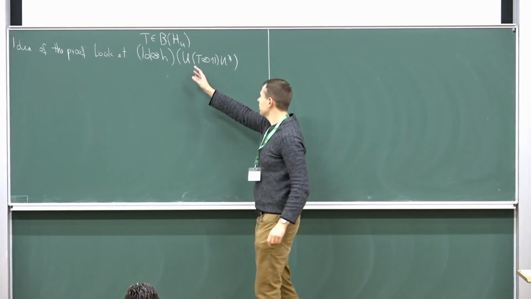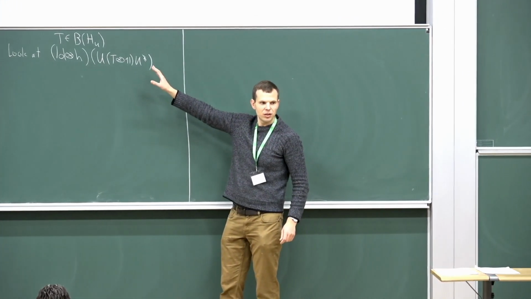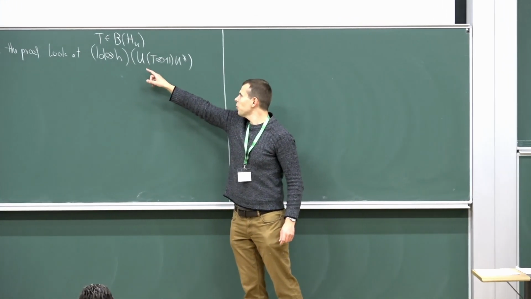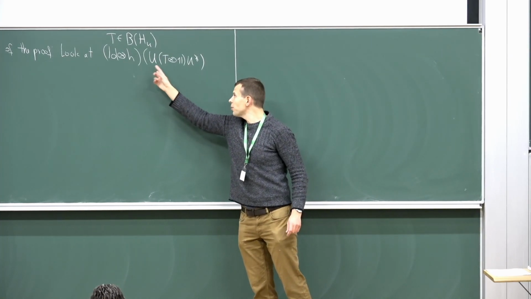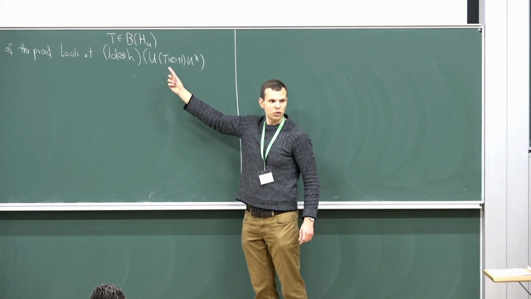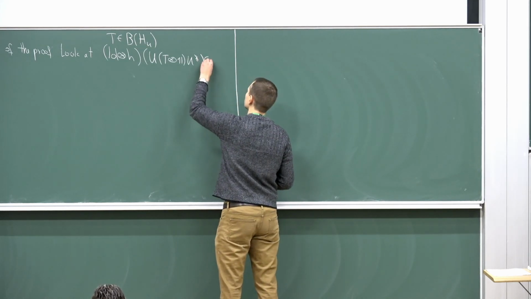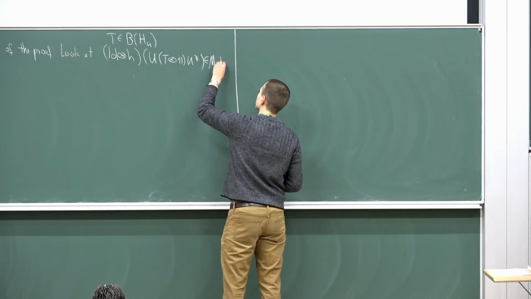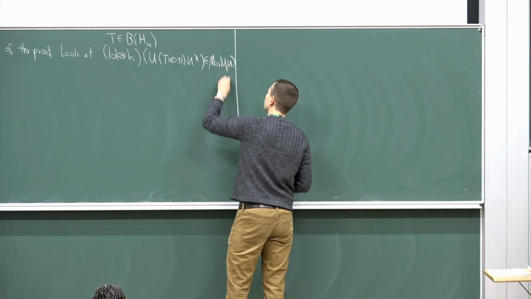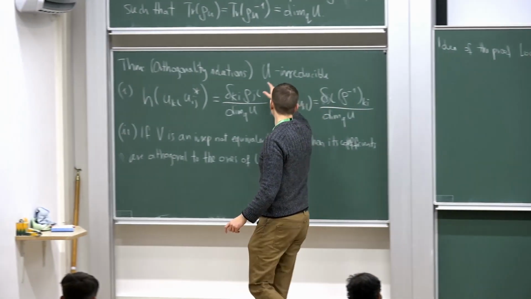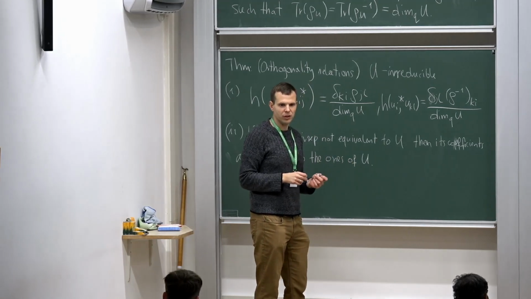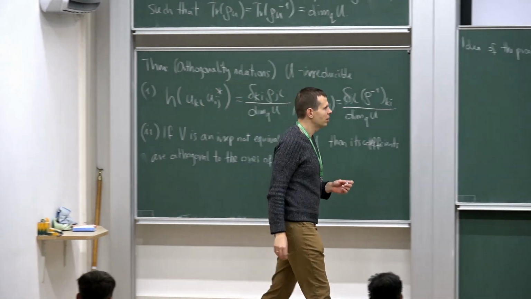As Mike already explained a couple of times, this will be an endomorphism of U. This averaged operator will be an intertwiner of the representation U, so this is a morphism from U to U. But the assumption of this theory is that U is irreducible, which means that the space of endomorphisms of U is just the scalars.